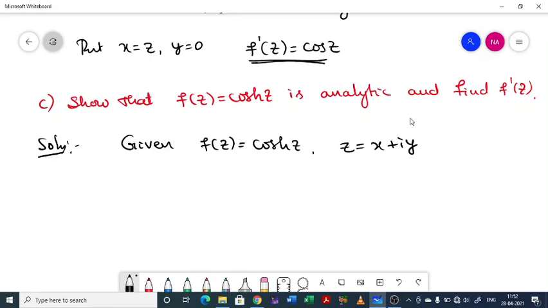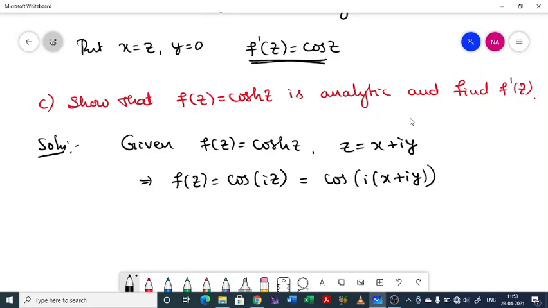Now if I substitute z here, f of z equal to cos hz, first I'll write it, cos hz will be cos of iz. Now let us substitute for z. So it becomes cos of i times x plus iy.